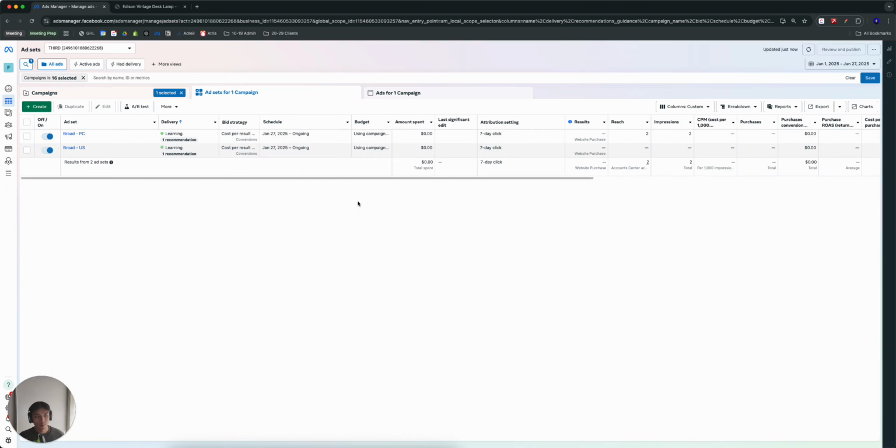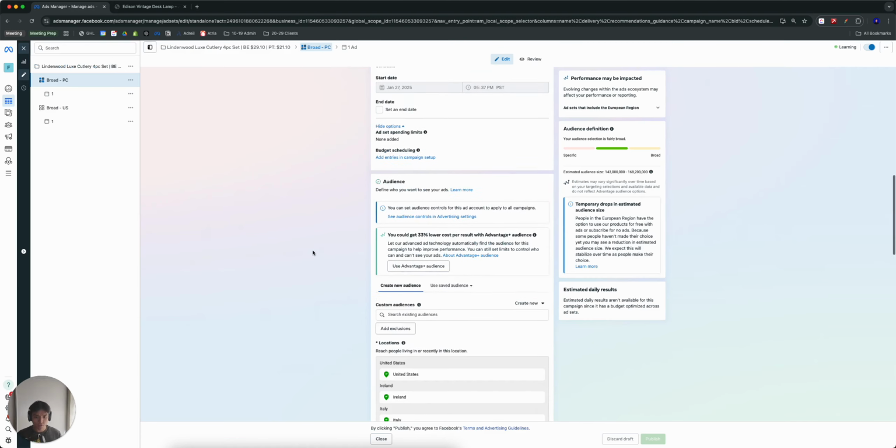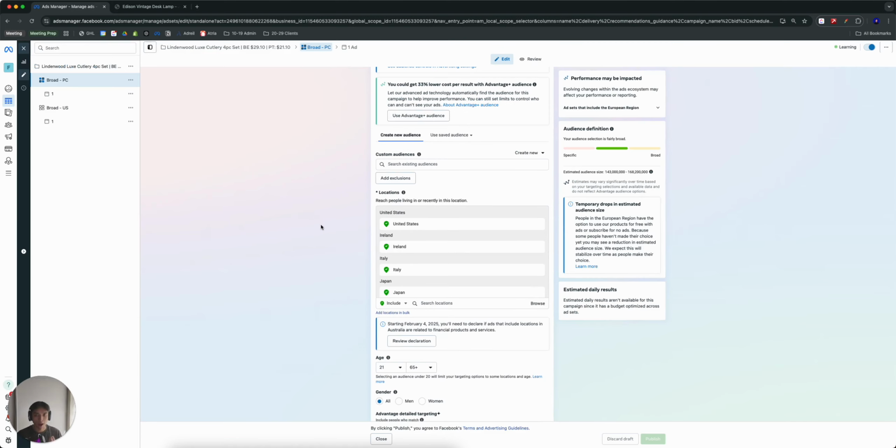Within that CBO campaign, we're going to have two main ad sets. We're going to have one ad set for our primary market and then a second ad set for a worldwide countries list. That worldwide countries list is going to contain a bunch of countries, and I'm slowly weeding some of them out, seeing which ones are worth spending into and which ones are not.